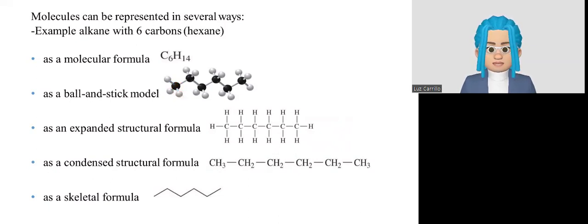And because each carbon atom is tetrahedral, this is the conformation that this particular organic molecule, which is an alkane, is going to adopt. The expanded formula, which is another illustration that we can utilize, is the same thing as the Lewis structure for a molecule.